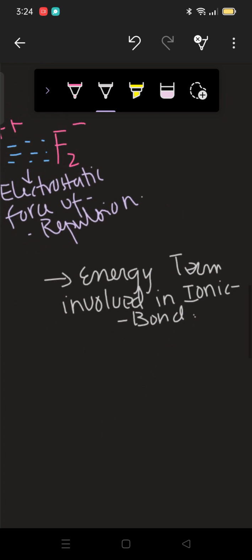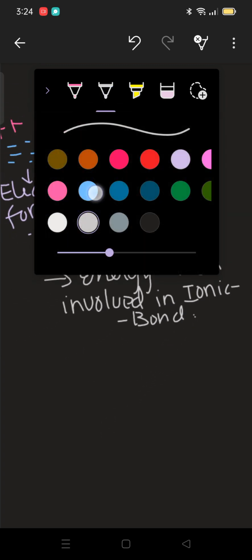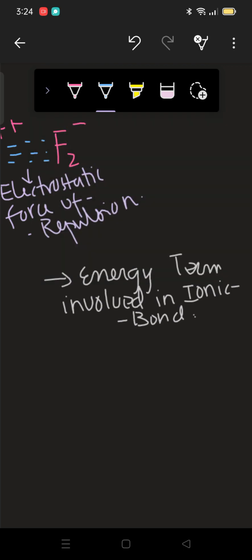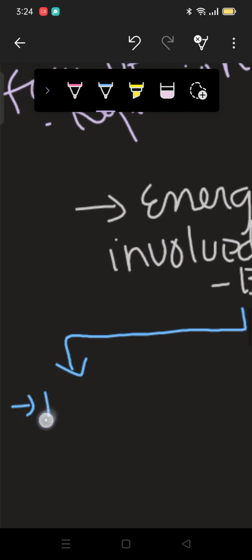We have discussed ionization energy: the energy required to lose one electron from its outermost shell. That is what we call the ionization energy.